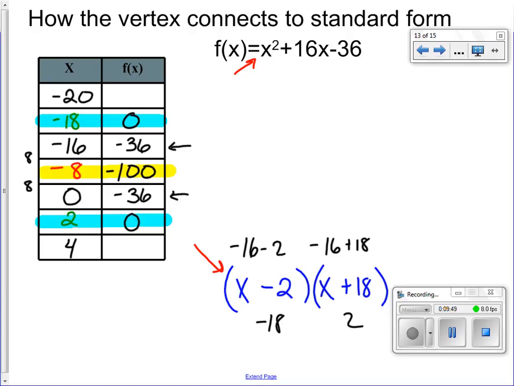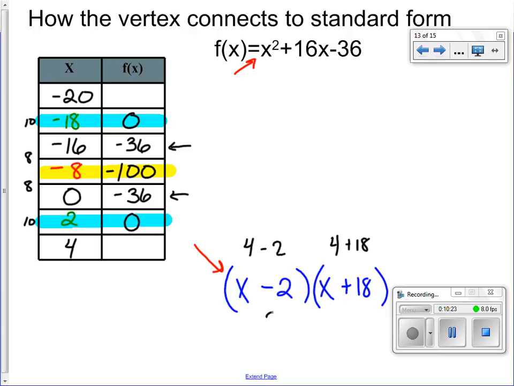Same thing with 2. 2 is actually 10 steps away from negative 8. Negative 18 is also 10 steps away, so that's why their values match. So really, all I would need to do is find maybe what the value for 4 is, and whatever it is, the output value for negative 20 should be the same.